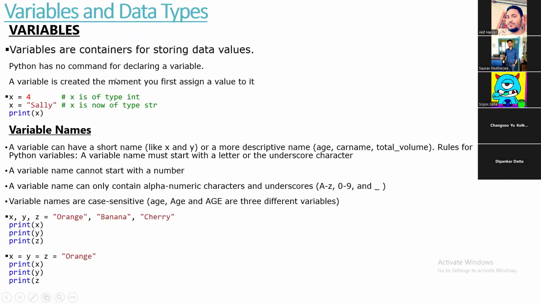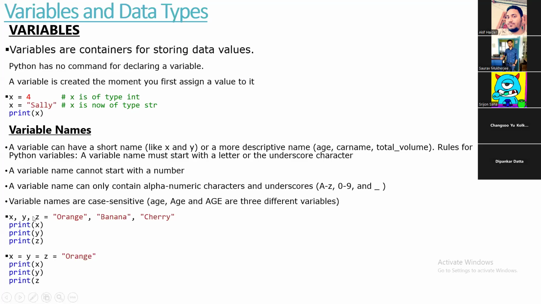Already I told you, this is my variable: x equal to 4 is the integer type, and x equal to Sally is the string data type. I will give you this PPT, and you can simply type it in Google Colab and get the output, because otherwise it will be a boring session.